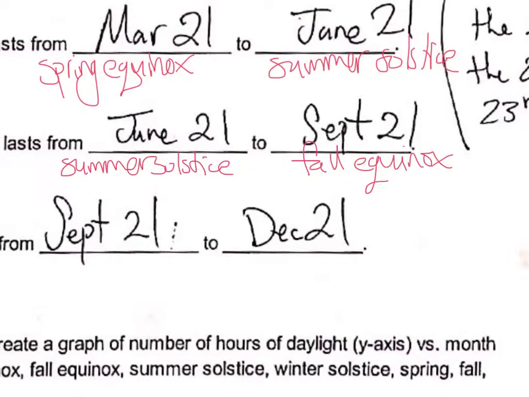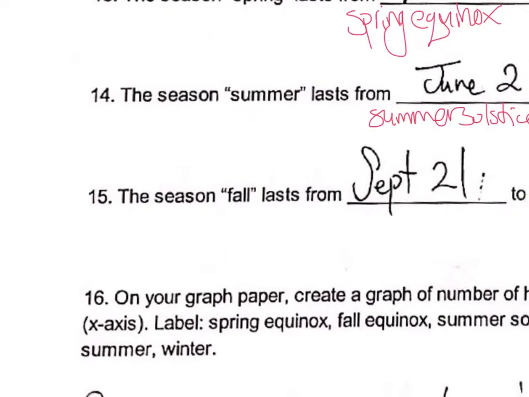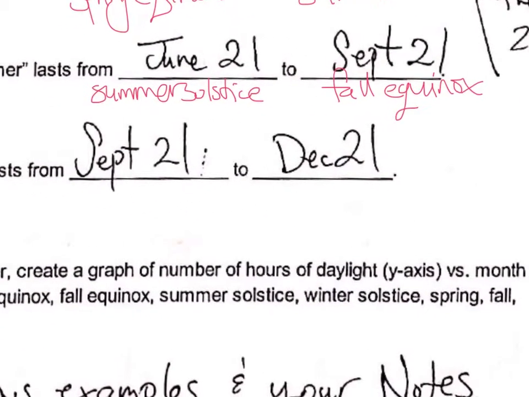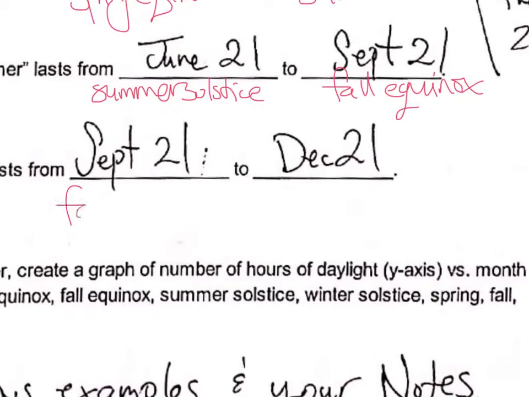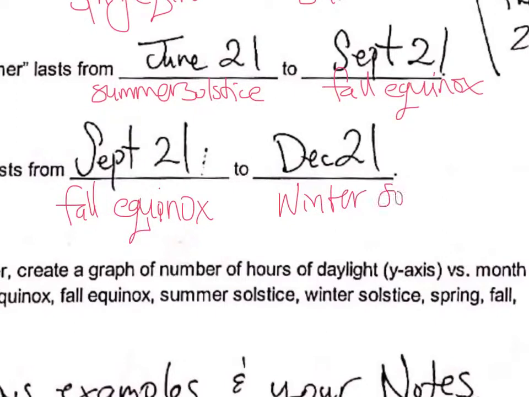And lastly but not leastly, the season of fall will begin at the fall equinox. That's an I, equinox, and end at the winter solstice. Okay.